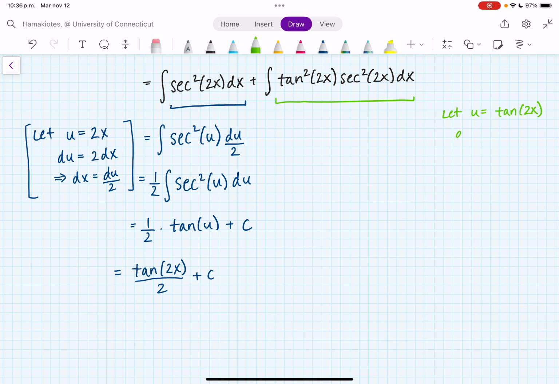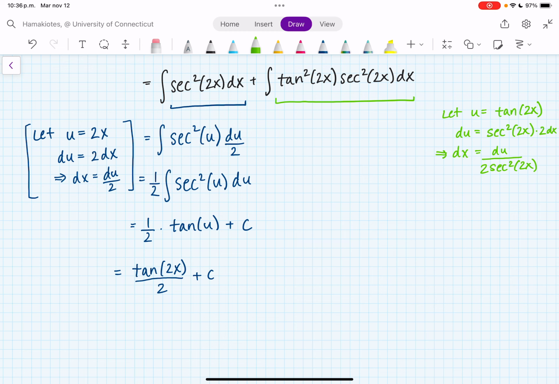And so du, in this case, is secant squared of 2x times the inside of the function, which is 2x, so that's just 2, and then dx. So dx is just du divided by 2 secant squared 2x.